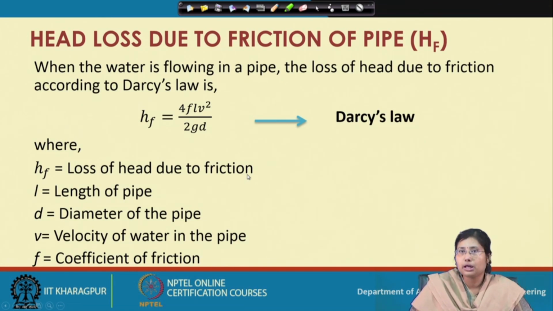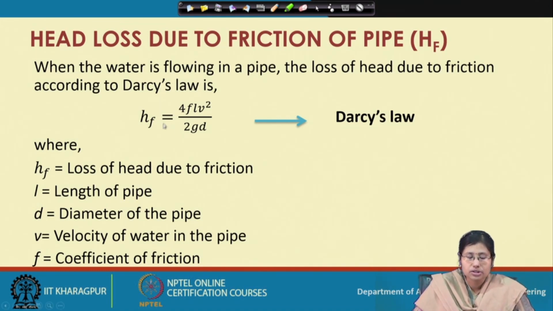Now, coming to hydraulic design. Here we have to consider the friction loss in the pipe and other kinds of losses. In general it is taken from the flow through the conduit or pipe flow. As you know, when water flows through a pipe, it is governed by Darcy's law, and loss of head due to friction can be computed using Darcy's law.